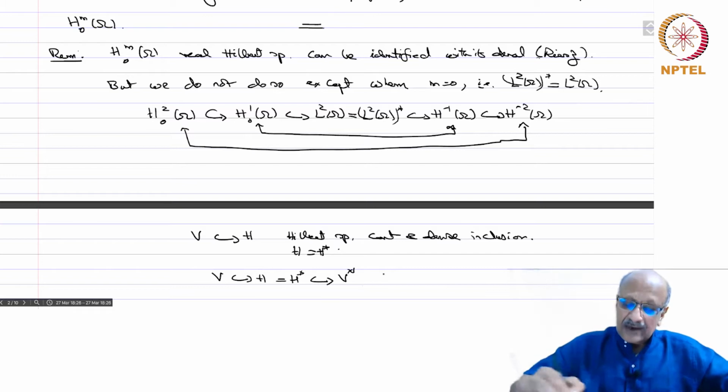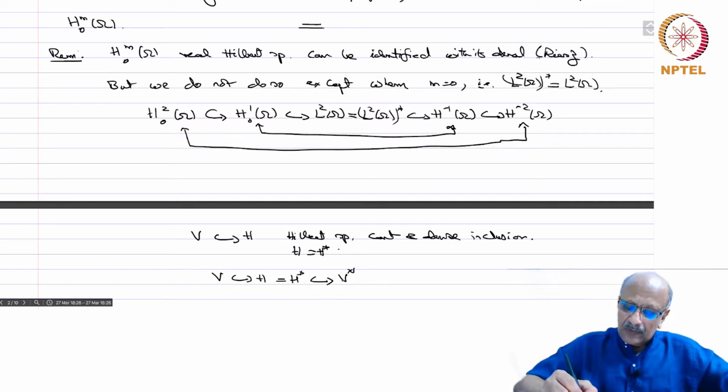So this is a standard thing in Hilbert space theory. Whenever you have a dense and continuous inclusion, then the dual will be included in the opposite direction. That is true. And since we identify the two duals, so you have this inclusion.